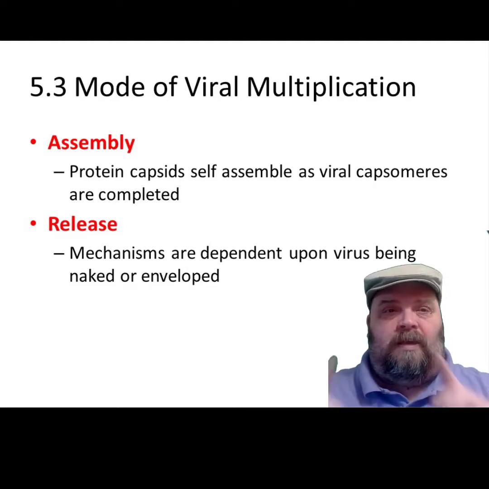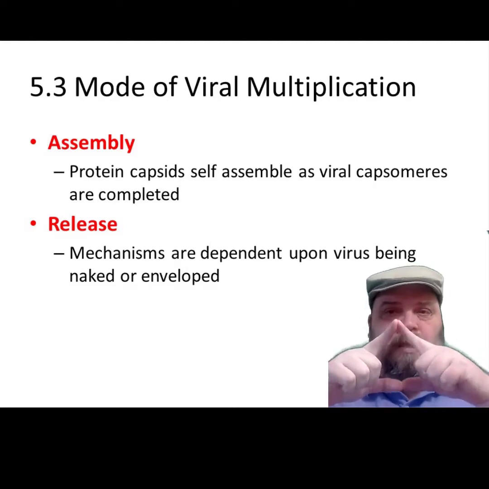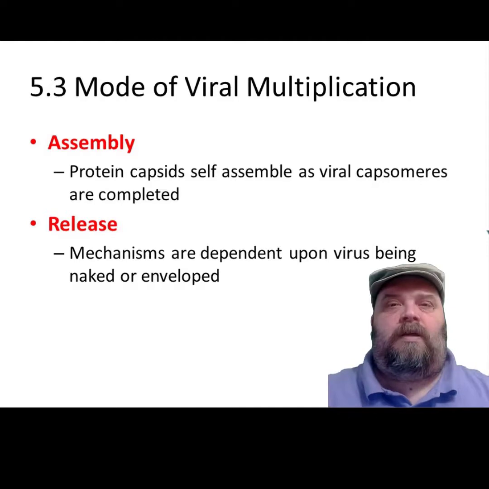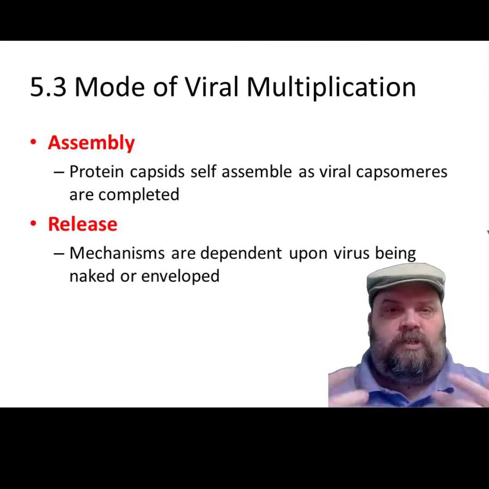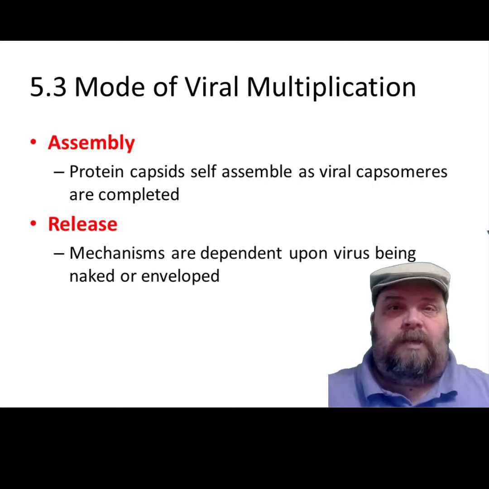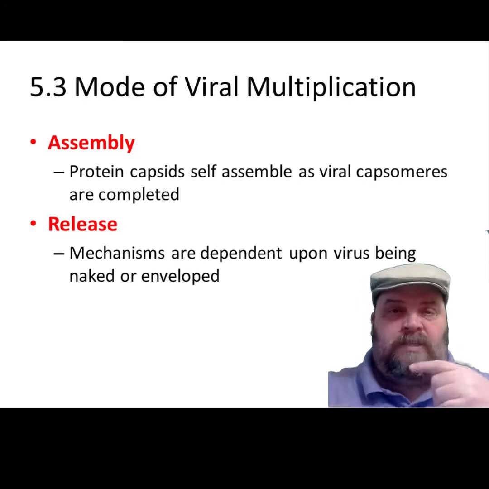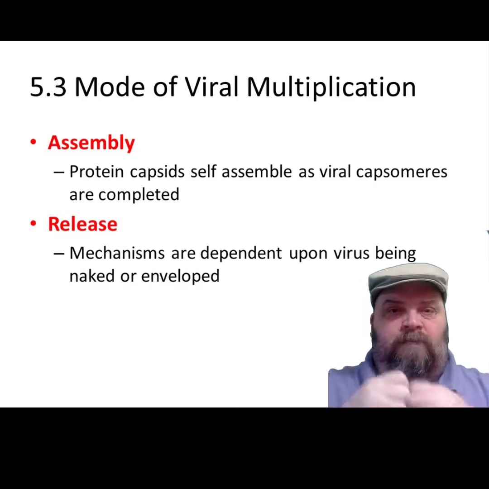Once they start to form that triangle shape for the icosahedron, the triangles now have a high affinity for other triangle assemblies of capsomeres, and it just keeps going and going. The helical, well, the capsomeres have an affinity for each other, but they have to have a piece of DNA or RNA to assemble around, or it just keeps falling apart.